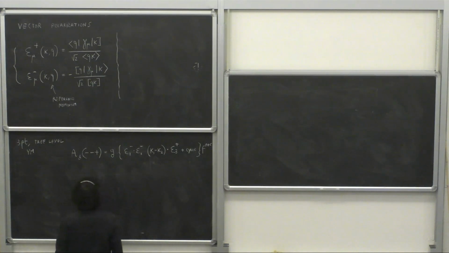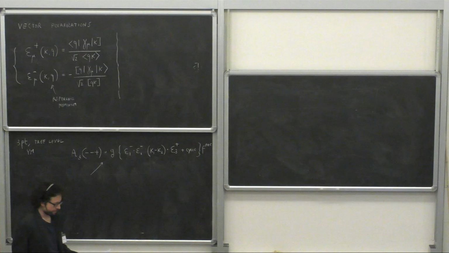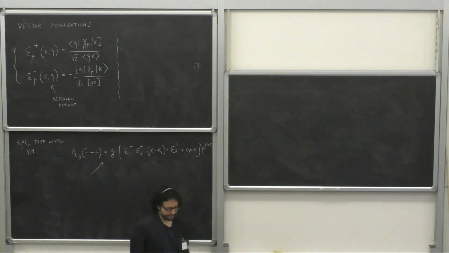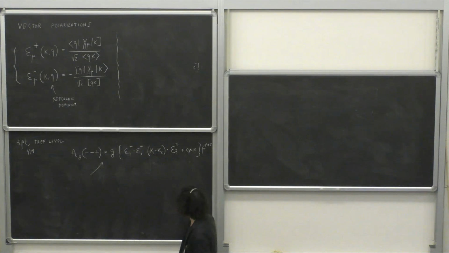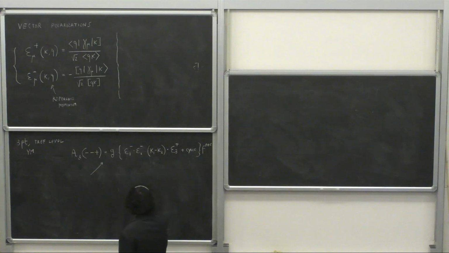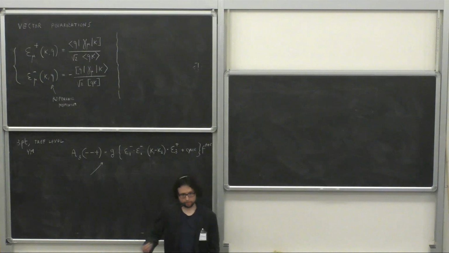Okay, so here I can tell you one choice of reference momenta which would not create problems, if we start choosing one of the other momenta as the reference momentum for one of the particles.